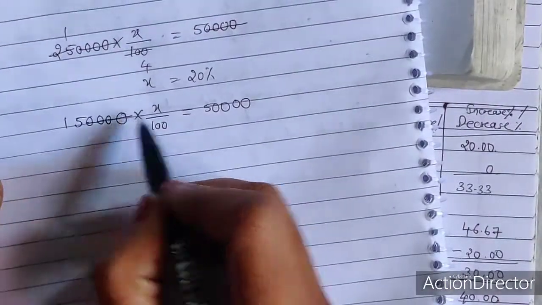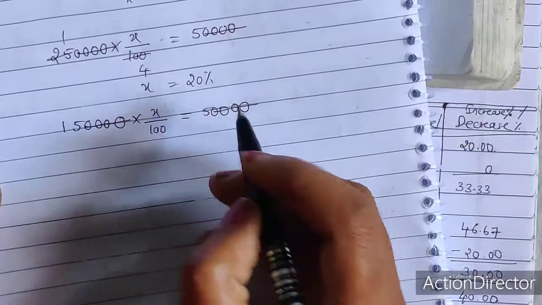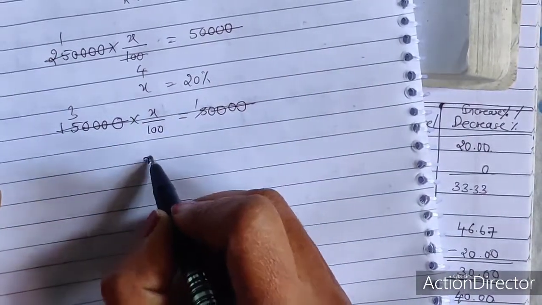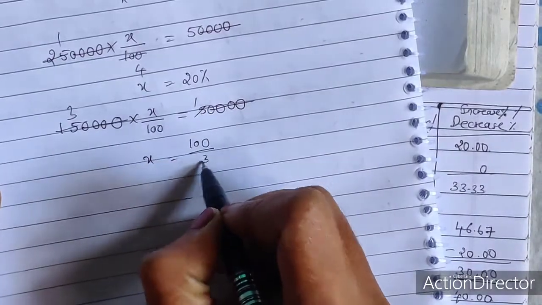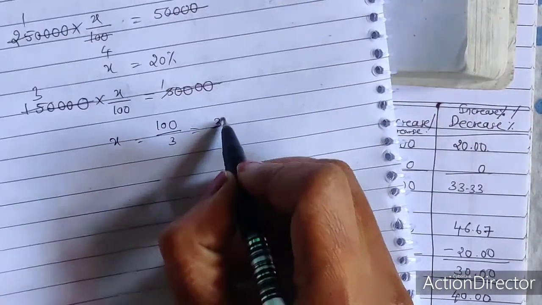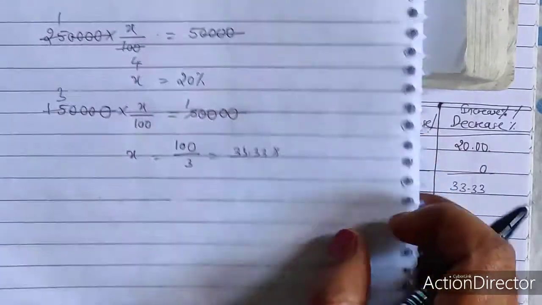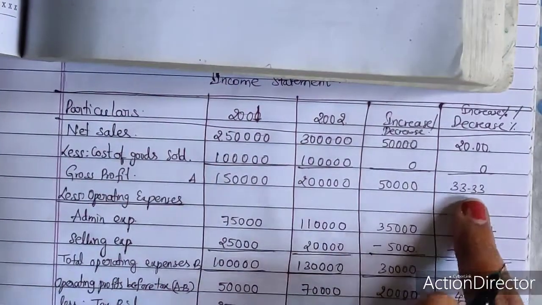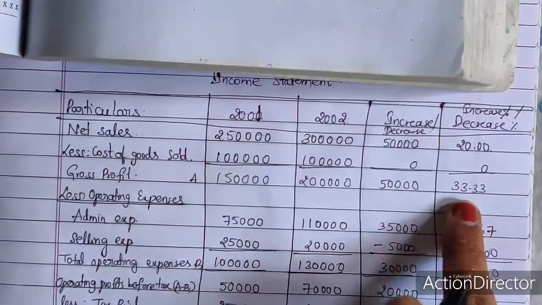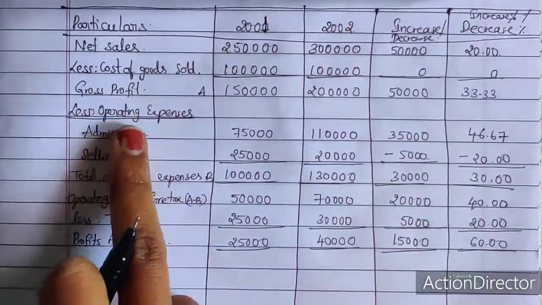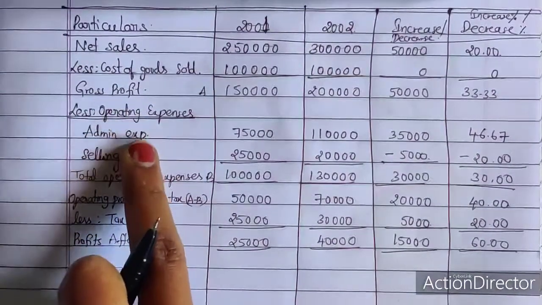So 4 zeros, 5 ones, 5 threes. So x is equal to 100 by 3, which gives 33.33%. So in this way we need to find out the percentages. So here we will put this percentage, 33.33%. So next, from this gross profit we need to less the operating expenses.